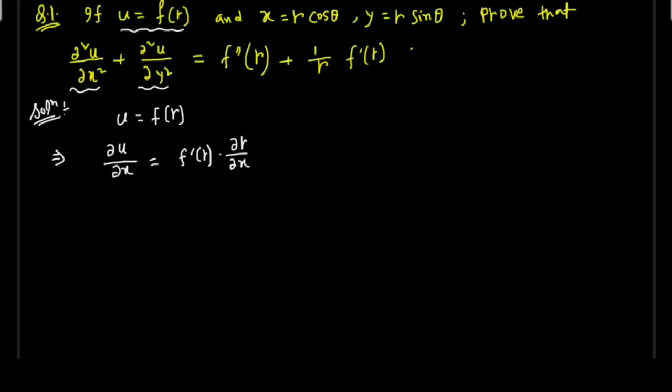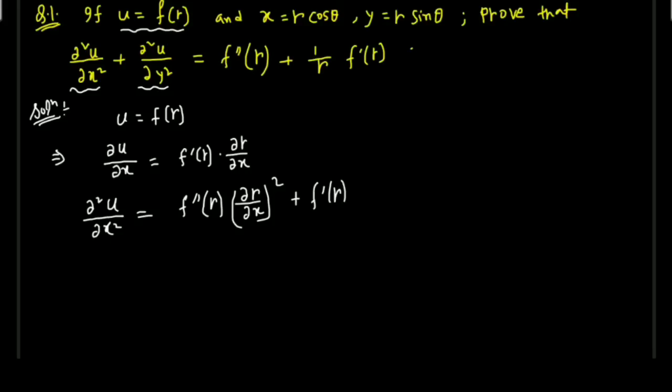Now if we differentiate again with respect to x, then you will get del 2u del x2, which is f double prime r into another del r del x. So this del r del x and this del r del x will be del r del x whole square, plus you can take f prime r as constant, and then the differentiation of this will be del 2r del x2.